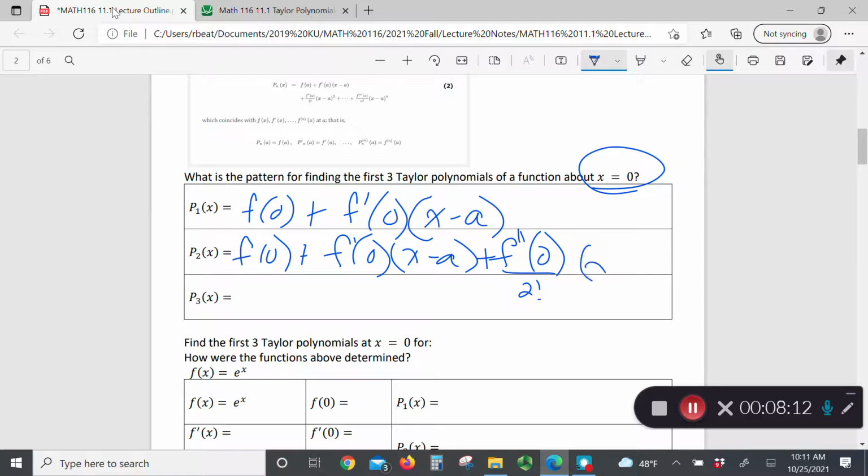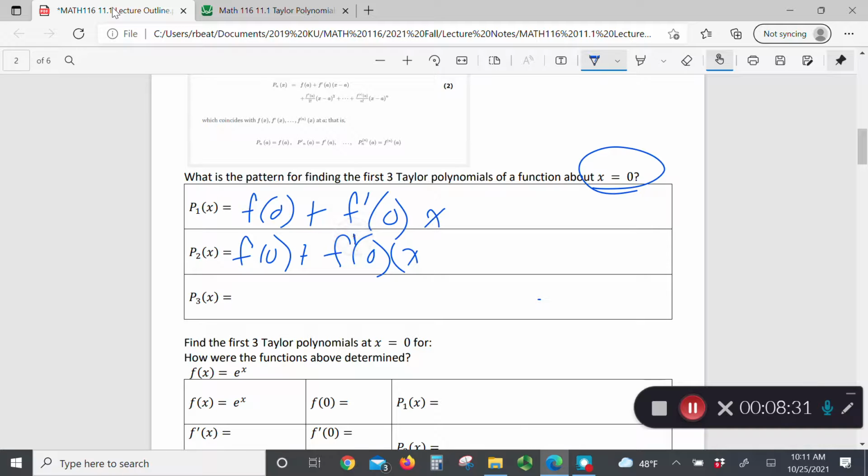times x minus a. Oh, and you know what? We're doing this at 0. So let me back this out. I meant to do that there. And we were finding this one at 0, so we won't have x minus a. I'll try and clean that up.